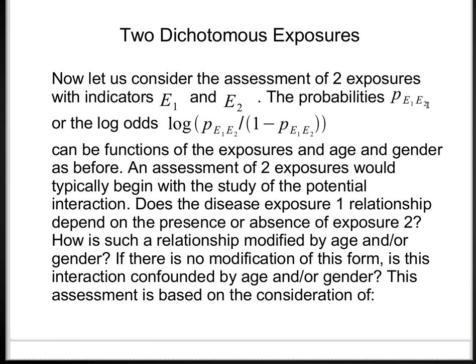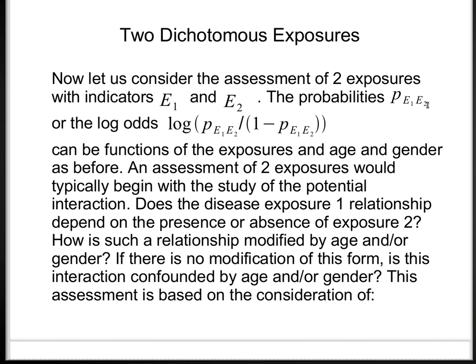Okay. And this again goes back to the very earliest of writings from R.A. Fisher, that it makes no sense to study the 2 exposures separately if indeed there is the possibility of an interaction of exposures. Okay.